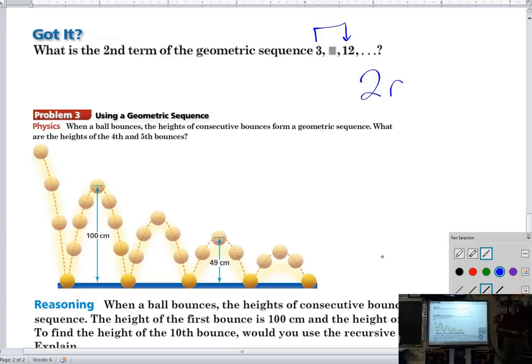12. Well, I guess 9, because the change here was 9. And if I just reason through this, I get that my ratio must be 4.5.